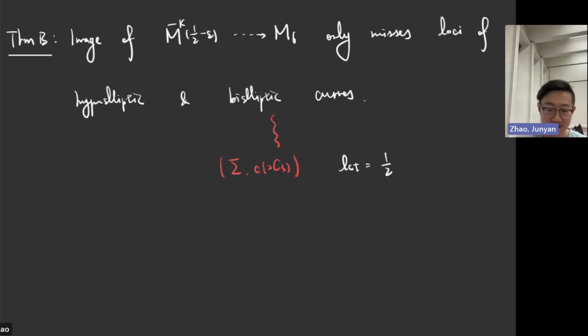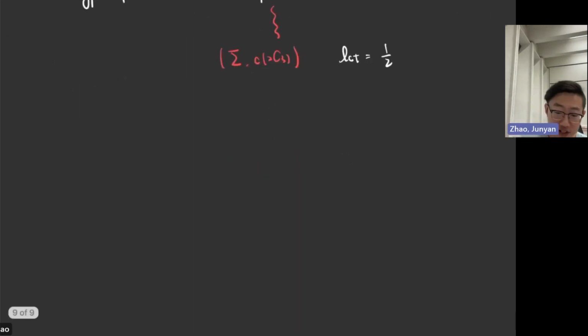But we don't have a uniform construction of that. After that, if you consider the case when c is bigger than or equal to 1/2, you'll see the pairs given by the cone over an elliptic curve as a surface and a general member in the minus 2K of this cone over the elliptic curve, and you will see this 2-to-1 map to an elliptic curve.